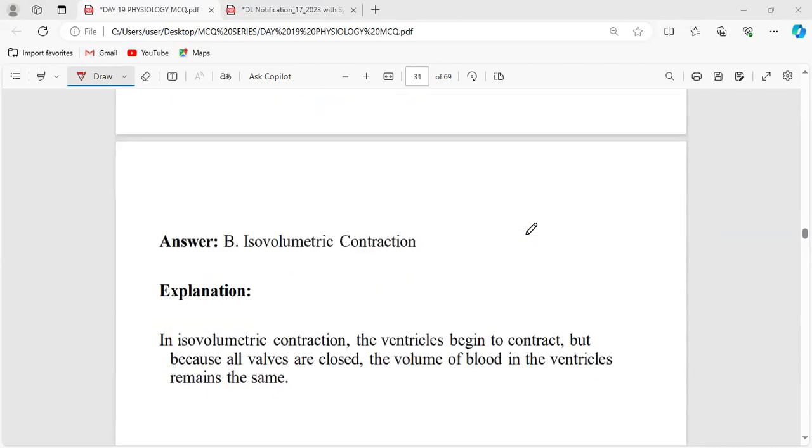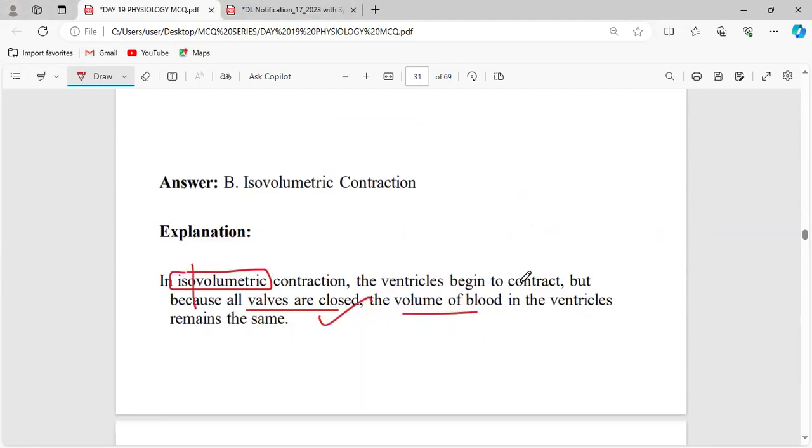That will obviously be the isovolumetric contraction. Here, all the valves are closed and the volume of blood in the ventricles remains the same even after the contraction. That is why we say isovolumetric. Iso means the same volume even after the contraction.